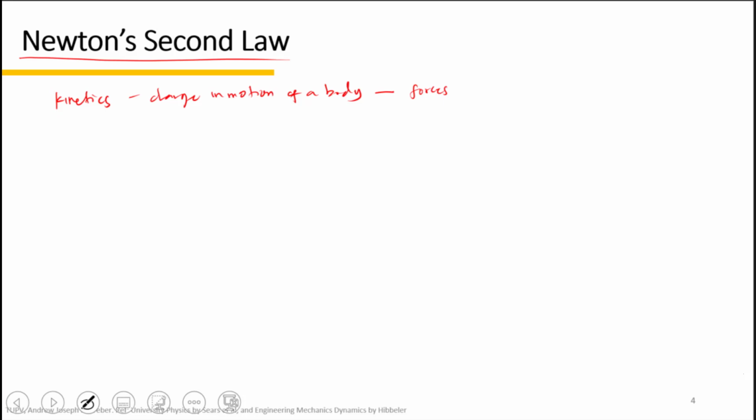Newton's second law, if you can recall, states that a body that is initially at rest or initially in straight line constant motion will accelerate. There are two options there.